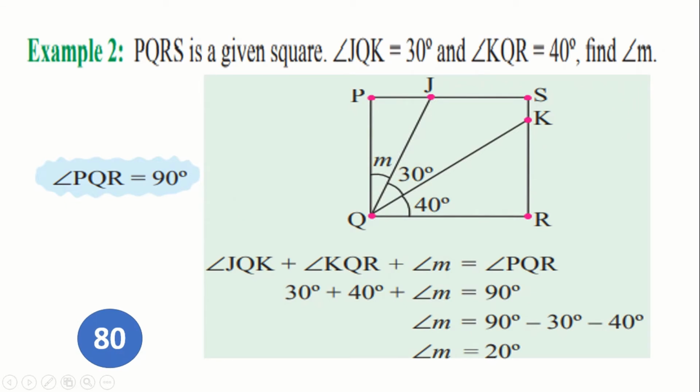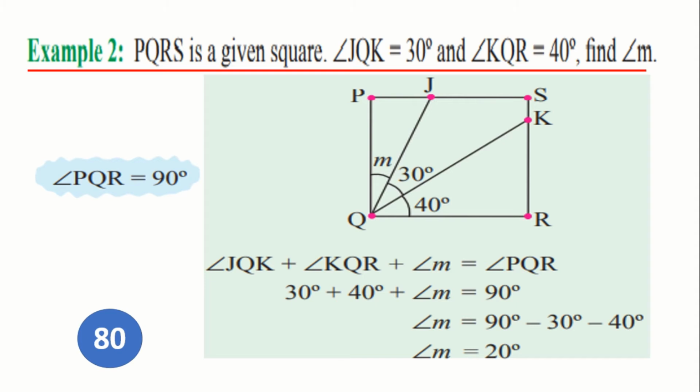Example number 2. PQRS is a given square. Angle JQK is equal to 30 degrees, and angle KQR is equal to 40 degrees.